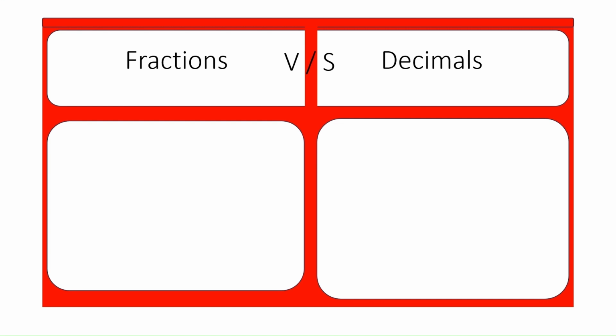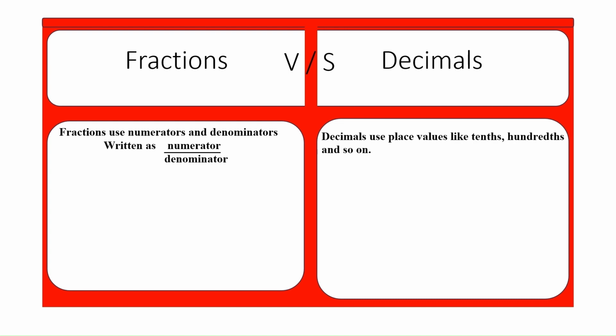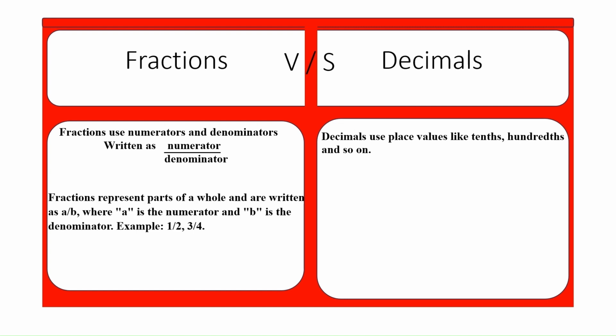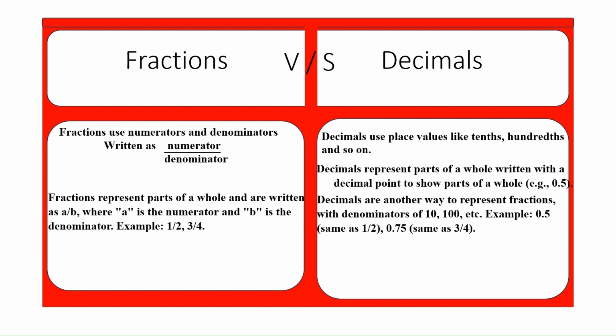Fractions versus decimals. Fractions use numerators and denominators, written as numerator upon denominator, whereas decimals use place values like tens, hundreds, and so on. Fractions represent part of a whole and are written as a by b, where a is the numerator and b is the denominator.